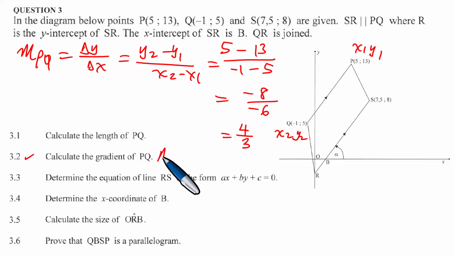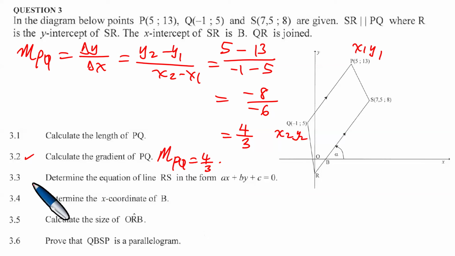The gradient of PQ is 4/3. The gradient is dimensionless; it is without units, and it is only a number. So we found the gradient of PQ as required.